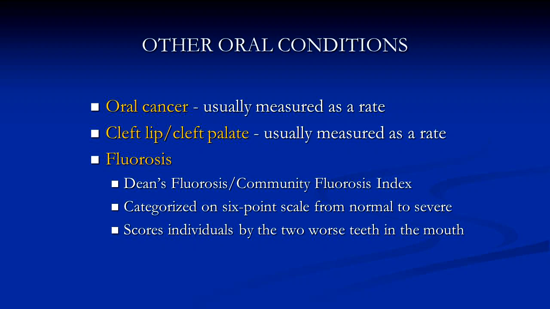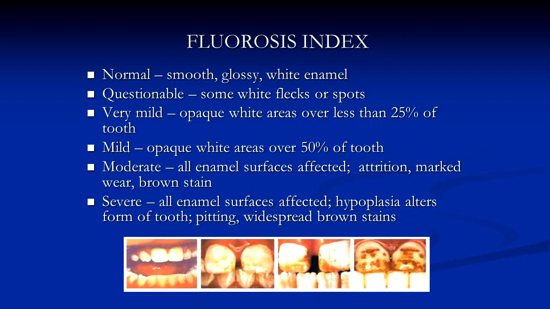So we're going to classify a person as either normal, or maybe they have mild fluorosis, maybe moderate fluorosis, or severe fluorosis. What you do is look at the worst two teeth in the mouth, and then you categorize them based on those 6 nominal categories. So let's say you were looking at the third picture over from the left, the 2 worst teeth would be, it looks like, 8 and 9 here.